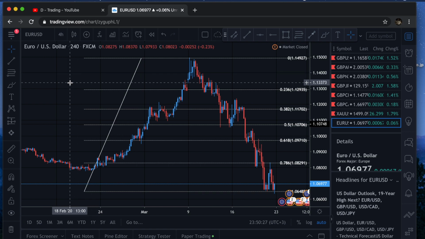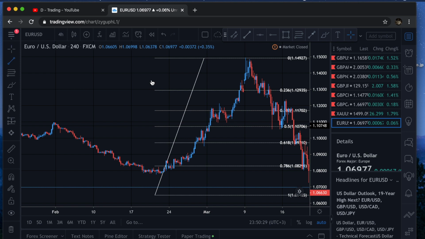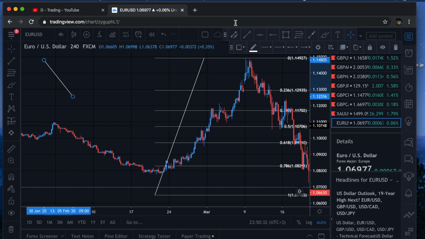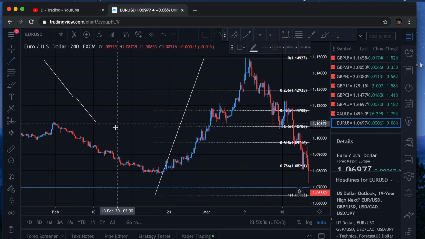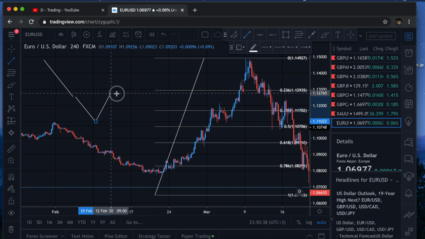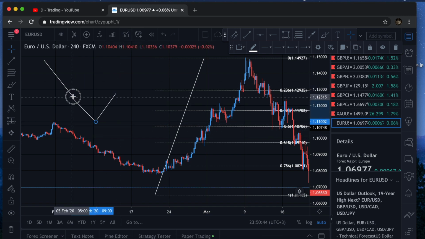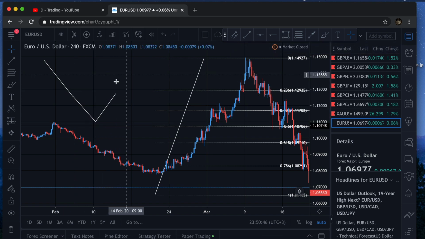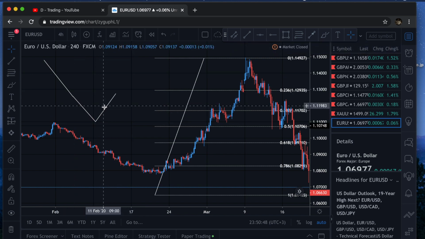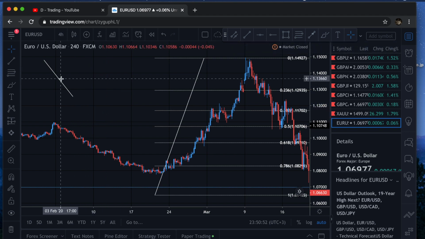A pullback means when the market is just falling and it does this. This is a pullback. This little movement to the upside against the trend, this right here is called the pullback. So what I like to call it is that it's basically support and resistance, right? Because this is what support and resistance does.